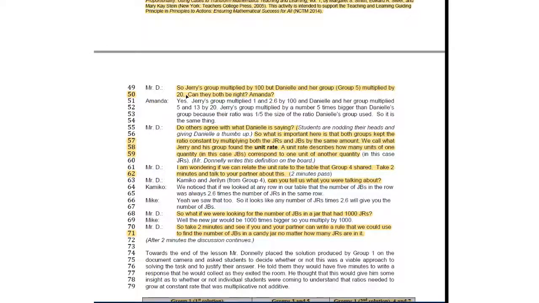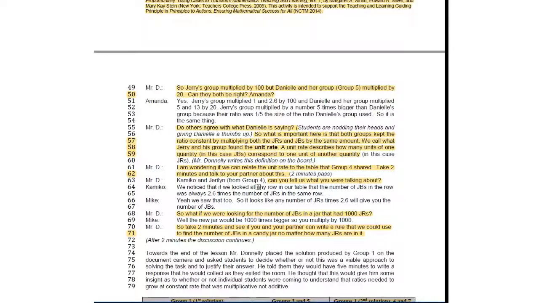Notice what he does here in line 49. So Jerry's group multiplied by 100, but Danielle and her group, group 5, multiplied by 20. Can they both be right? And through this discussion, he helps his students see the connections between those different solution strategies they came up with.